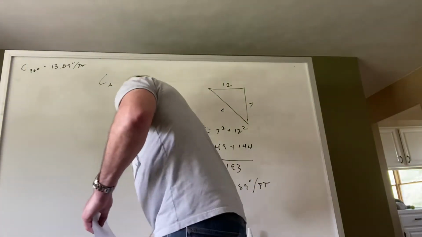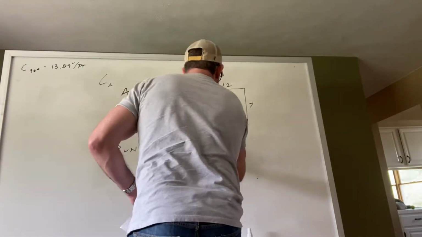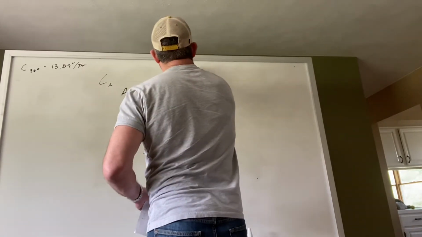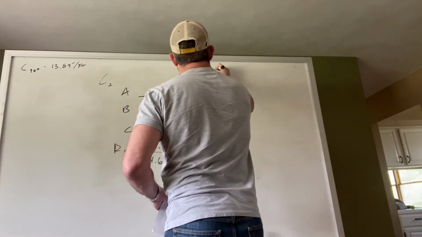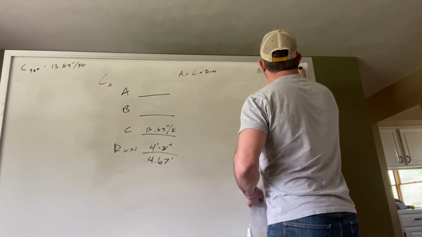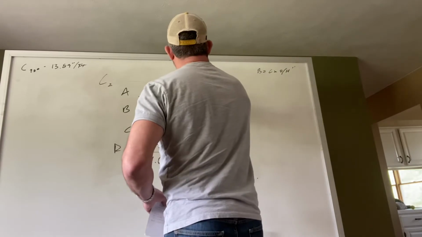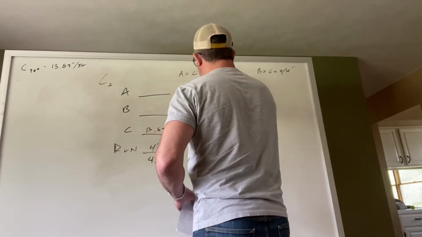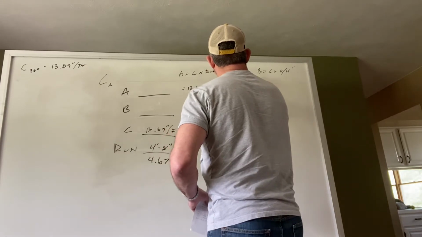But let's go ahead and walk through and solve for our A and our B. Here I know my formulas never change. A equals C times run, and B equals C times overhang in feet. So my 13.89 inches per foot times my 4.67 feet.